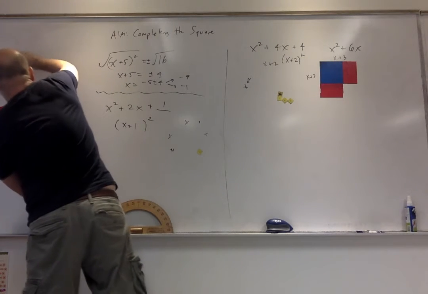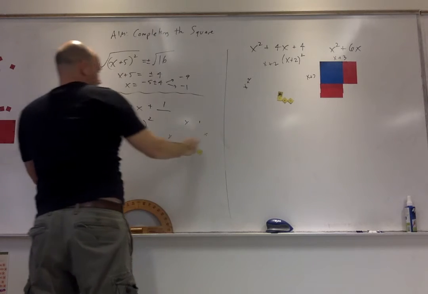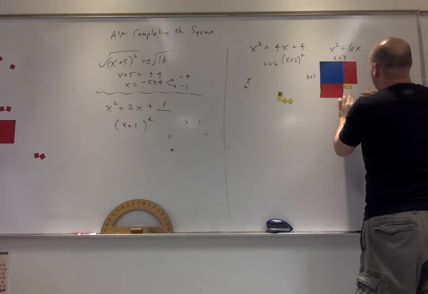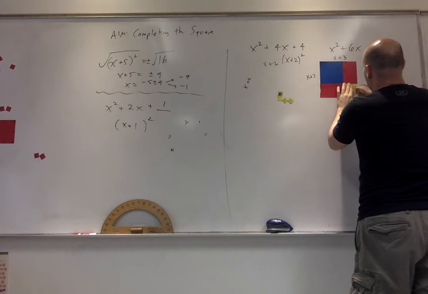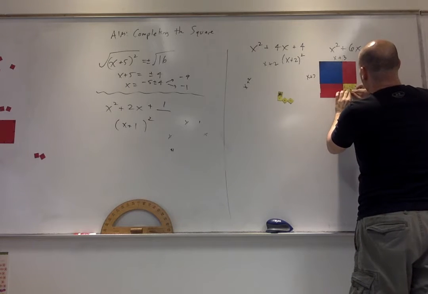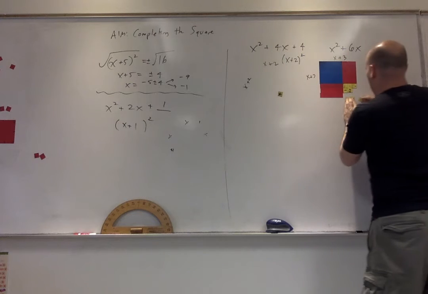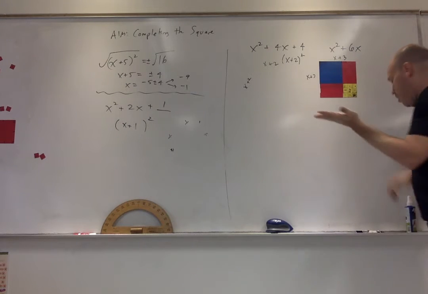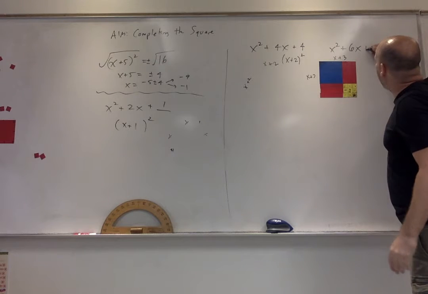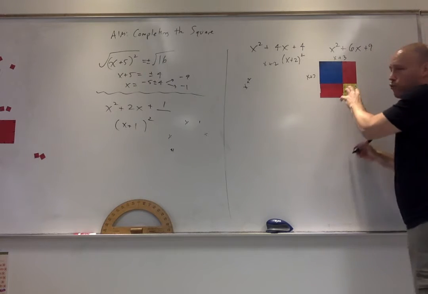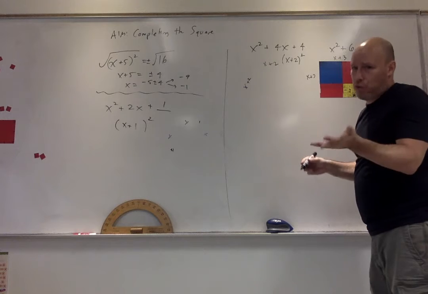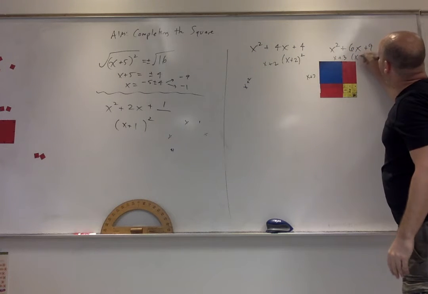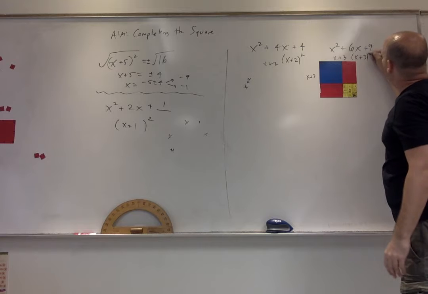Let's see if I have 9 yellows. Yeah, perfect. So I need 9. And with these extra 9, I've literally completed the square. And so you have x plus 3 squared, and so good.